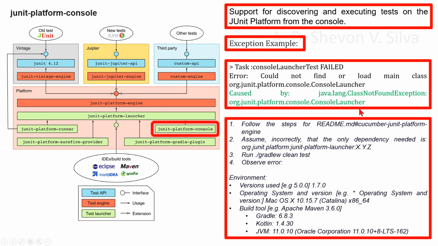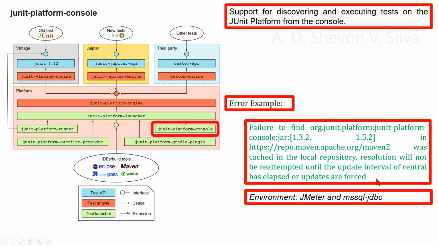As another error example, we can consider this occurring in the environment with JMeter and mssql-jdbc. Failure to find org.junit.platform:junit-platform-console jar in https://repo.maven.apache.org/maven2 was cached in the local repository. Resolution will not be reattempted until the update interval of central has lapsed or updates are forced.